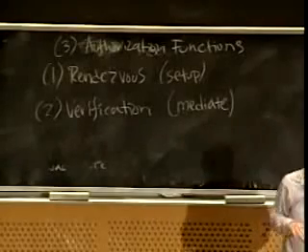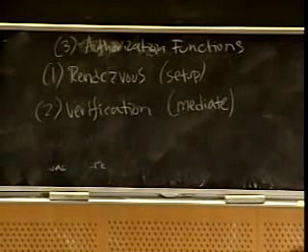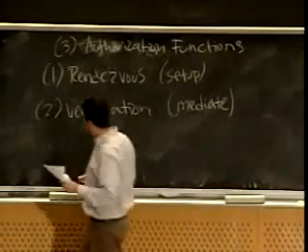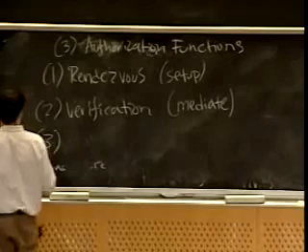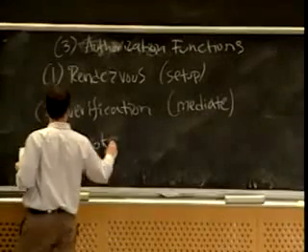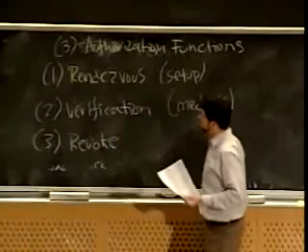So if I log on to Amazon.com and say that I would like to log in as a particular user, this verification step is going to make sure that I have the appropriate credentials to log on as that user. The final thing I might want to do is to revoke, right? I might want to simply remove a user from the system, or make it so that the user is no longer a part of the system.